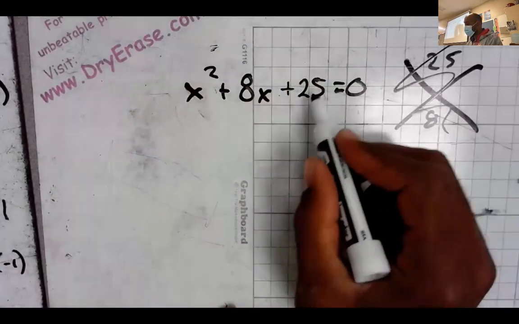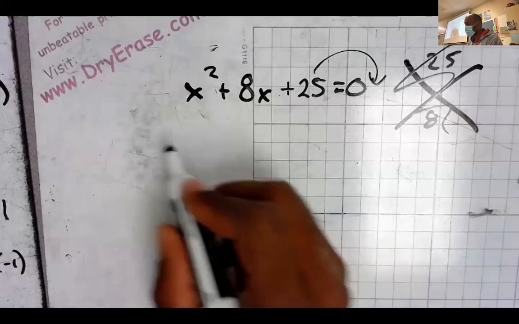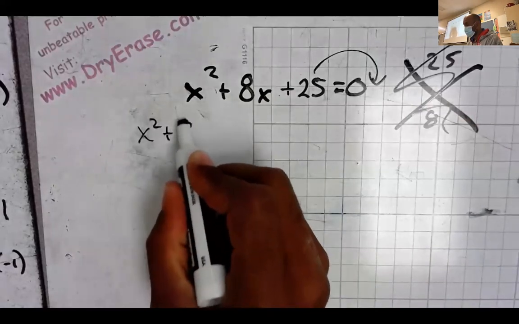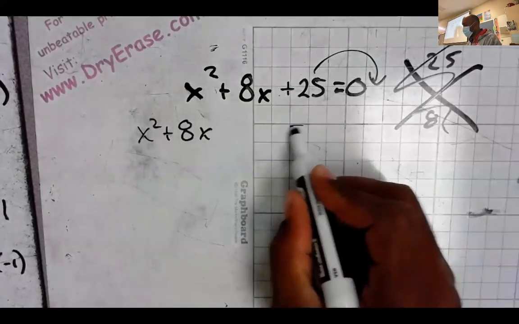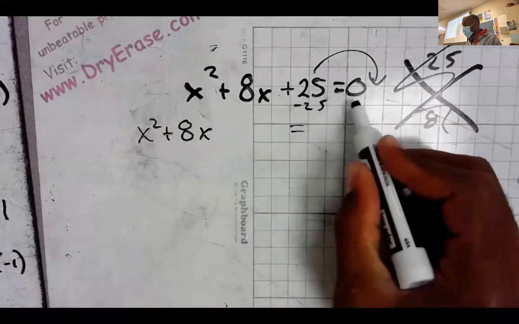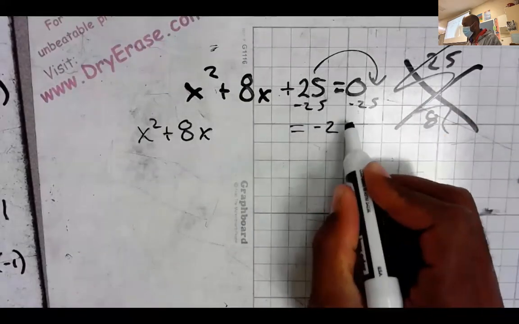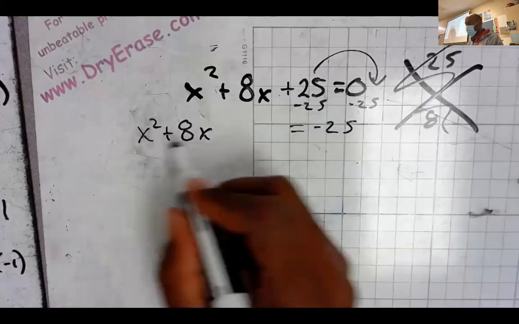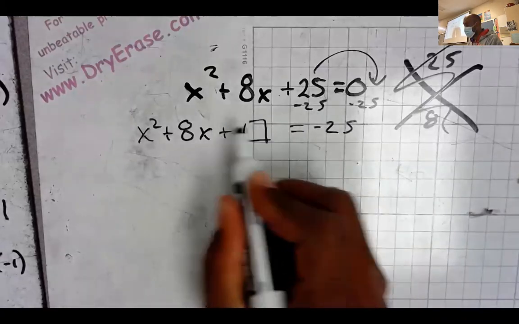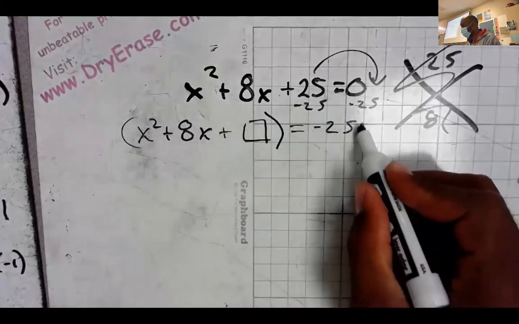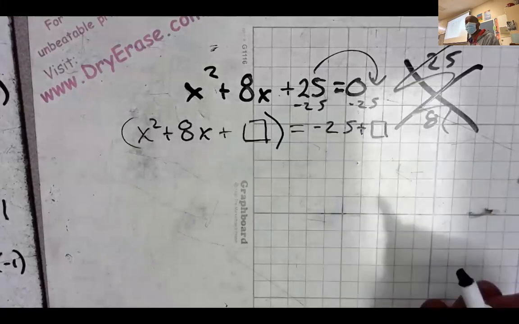So to complete the square, first I had to move this number over. So to do that, I subtract 25 from both sides. And then on this side, I complete the square. So this might start looking familiar to you guys with that little square.